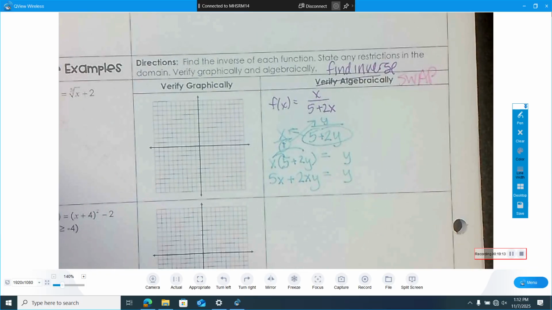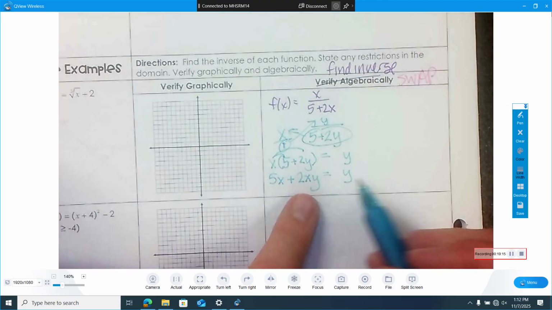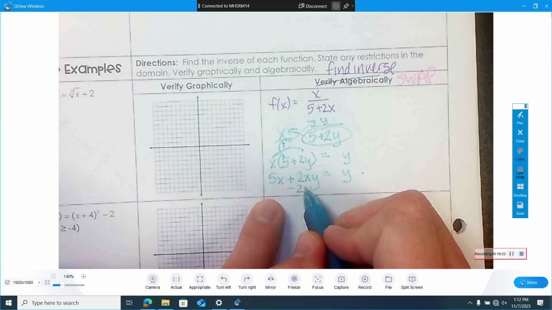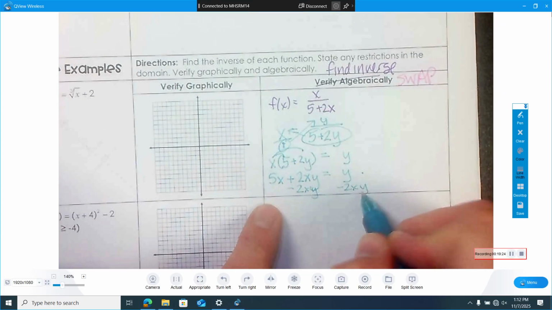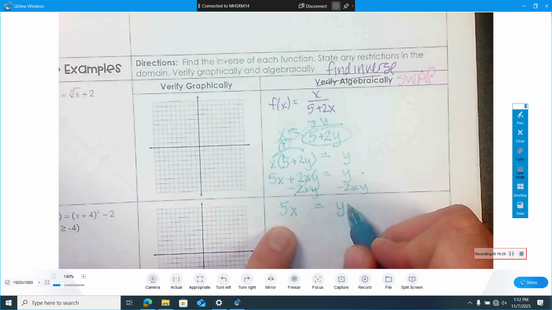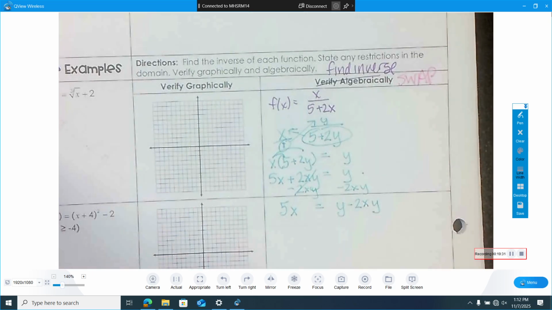They need to be on the same side. So I need to take this term and move it over here with his friend, because I need all the y's. Subtract 2xy to the other side. So I have 5x equals y minus 2xy.